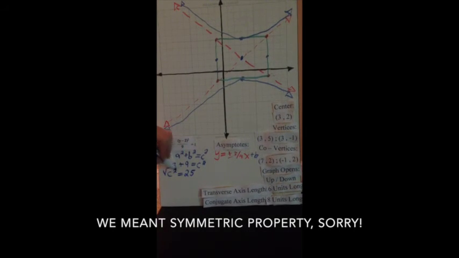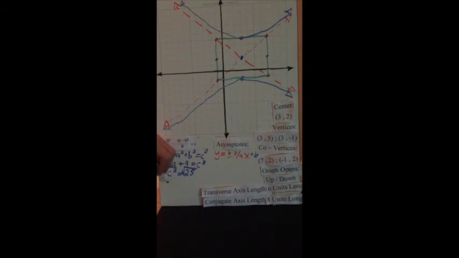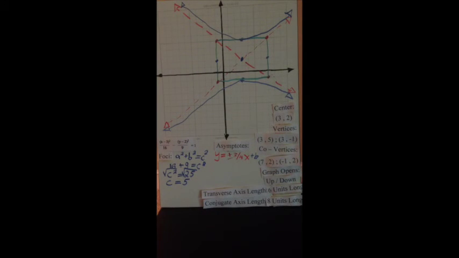And if you take the square root of both sides, you get that c equals 5. So what does this tell you? It means that it's 5 units along the transverse axis from the center point. So we're going to count 1, 2, 3, 4, 5, and then 1, 2, 3, 4, 5.